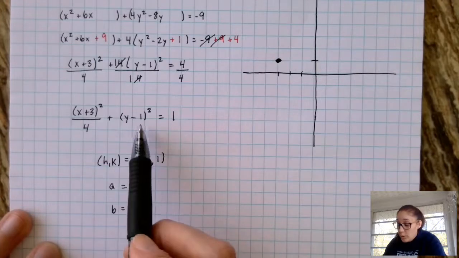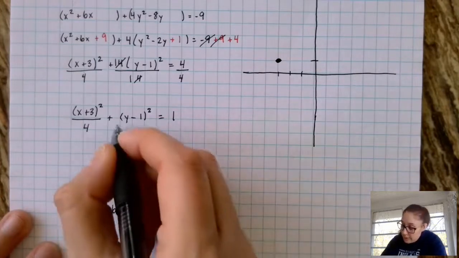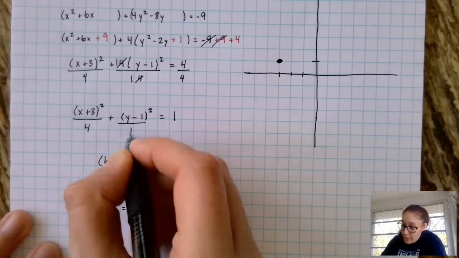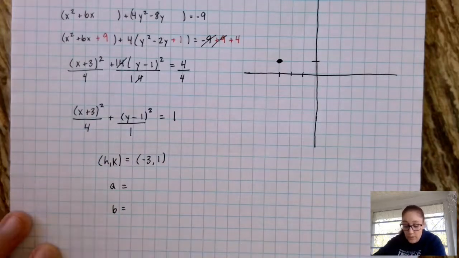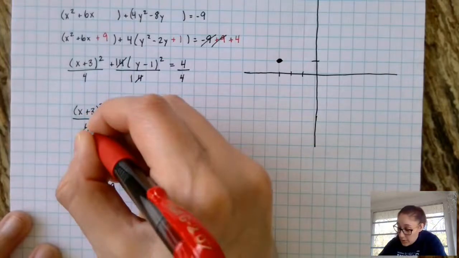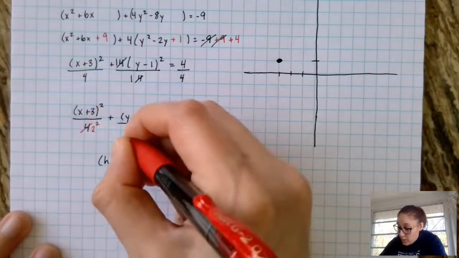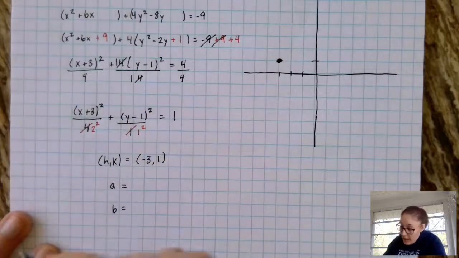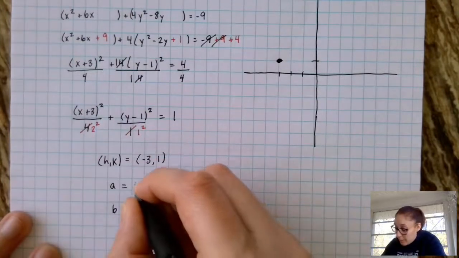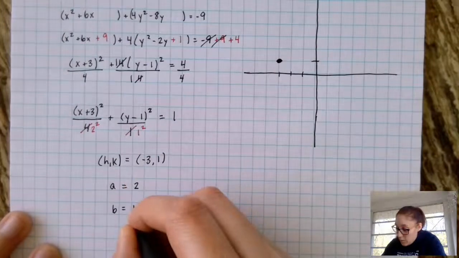Now let's take a look at A and B. We have to figure out which one is A and which one is B. So for now, I'll put that over 1, but the larger one is this one. So if I rewrite that in its squared version, this is 2 squared and 1 squared. Right, so the A value is 2, and the B value is 1.